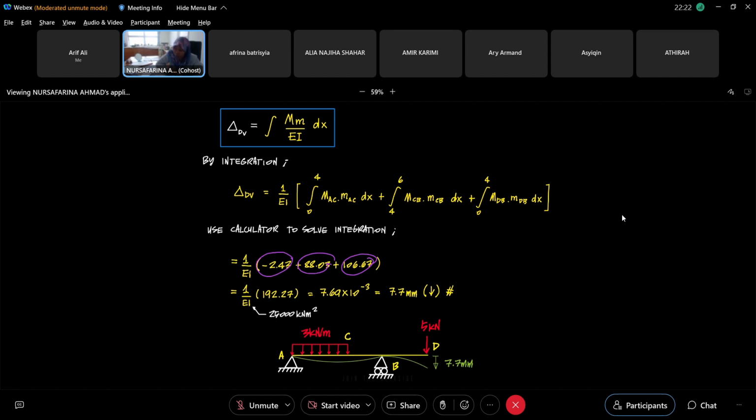We ask you to solve it as visual work. Okay, so the visual work here is mathematics. If you do integration, then you do it as usual, you expand it and fill in the data. Make sure you must use a calculator to solve the integration.